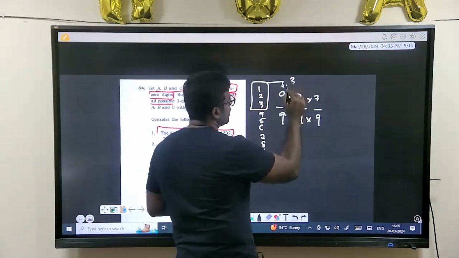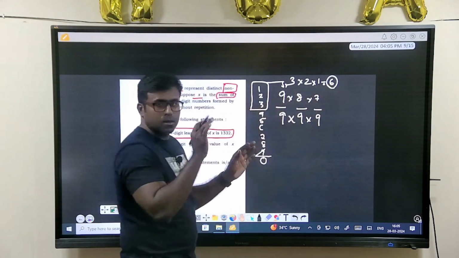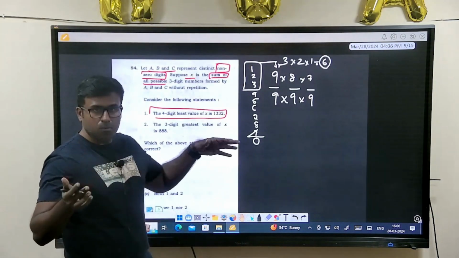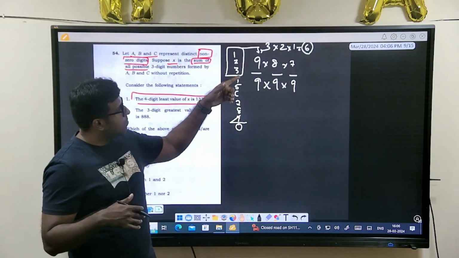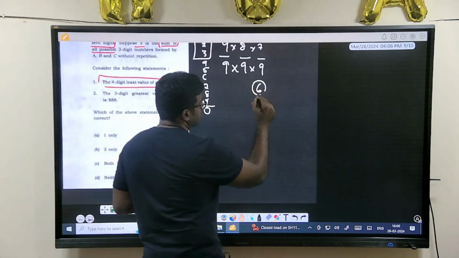Now look at it, 3 into 2 into 1. That means there are 6 permutations, but that is not the question. The question is we have to obtain the sum of all these numbers. So 6 permutations are possible.